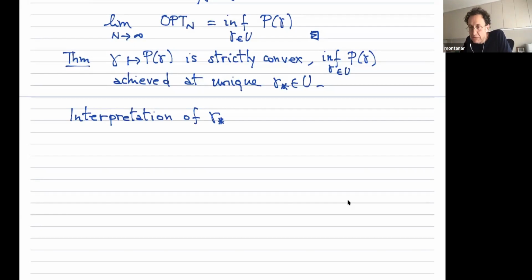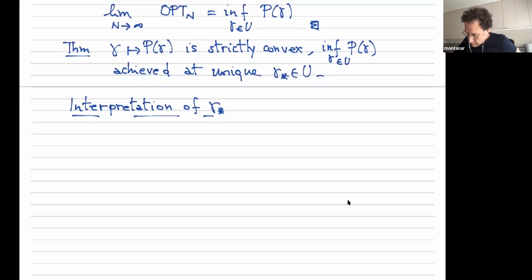Trying to solve this algorithmic or computational question actually gives rise to another interpretation of what gamma is. But I'll tell you what gamma is as it appears in the Parisi formula, in particular the interpretation of the minimizer that I call gamma star. I will not be very formal here. I will just quickly describe the idea.